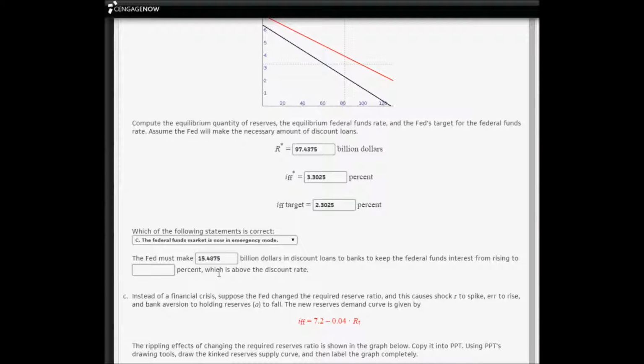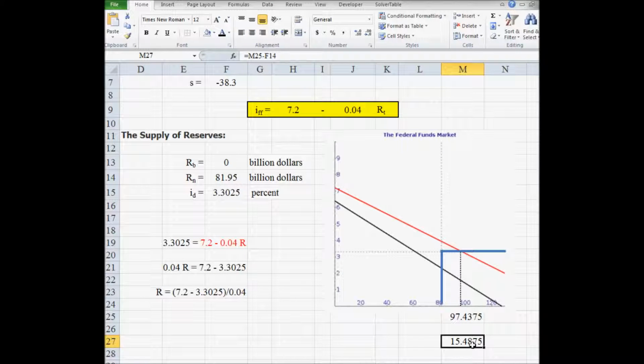If the Fed doesn't make $15.4875 billion in discount loans to banks, the federal funds rate will rise to what value? If the Fed doesn't make that much in discount loans, the quantity of reserves remains at 81.95, and it looks like the federal funds rate would rise to just under 4.